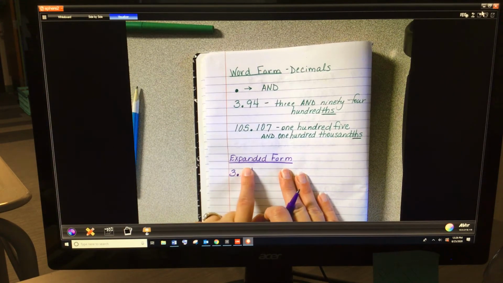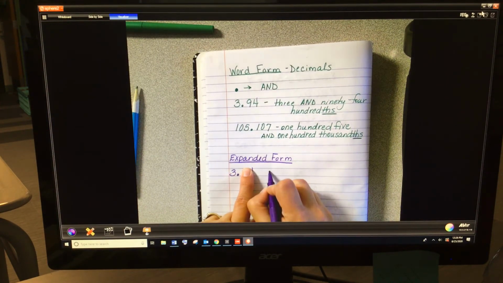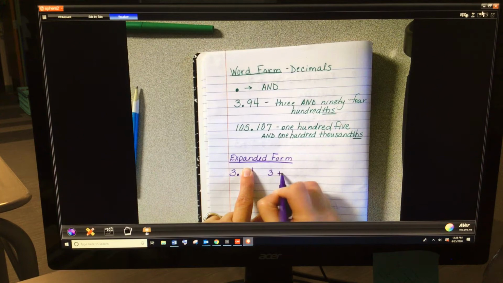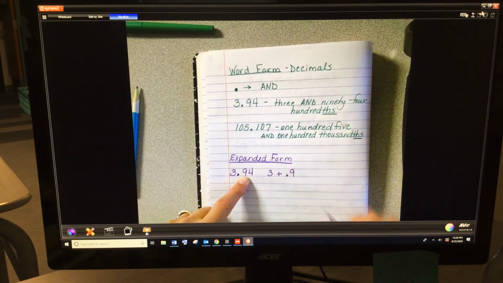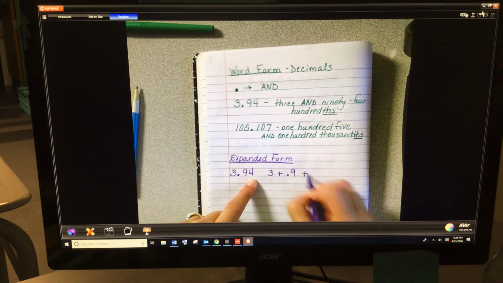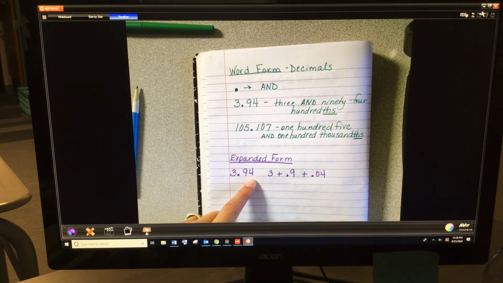So we have 3, this is what you did in 4th grade, plus 9 tenths plus 4 hundredths.